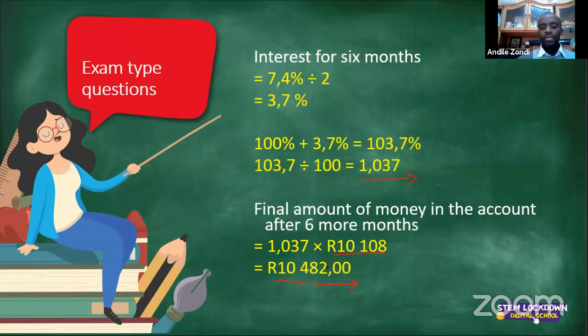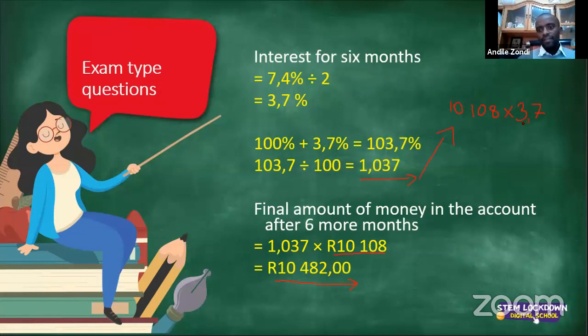Right? You can also do this the long way. The long way is to calculate 3.7% of the amount of money invested. Okay, let me see if I can write this quick. So here's the amount of money that he invests, right? Times 3.7% for 6 months, which is 3.7%.